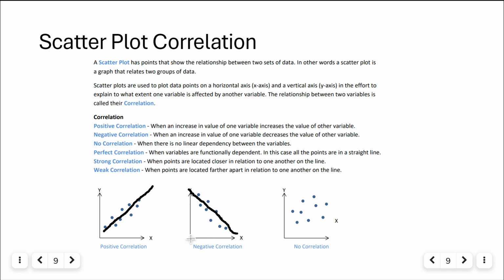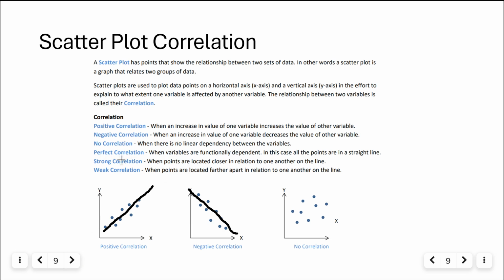When X goes up, Y goes down. X goes up, Y's come down. No correlation means that, well, it doesn't look linear and literally there's just stuff everywhere. Okay? Doesn't look like it's positive correlation or a negative correlation. All right? Those are our 3 types of correlations.